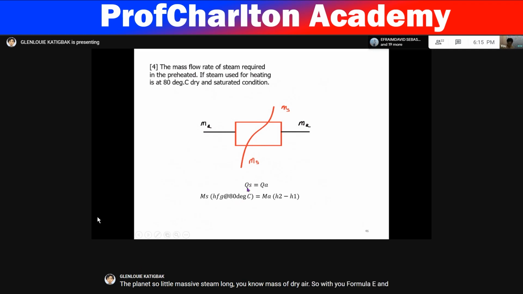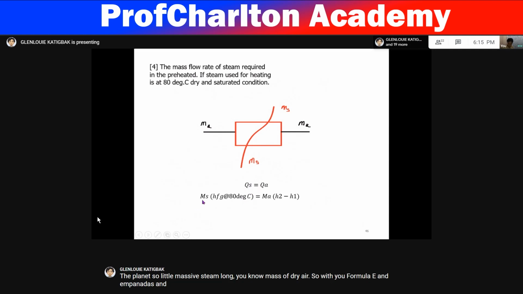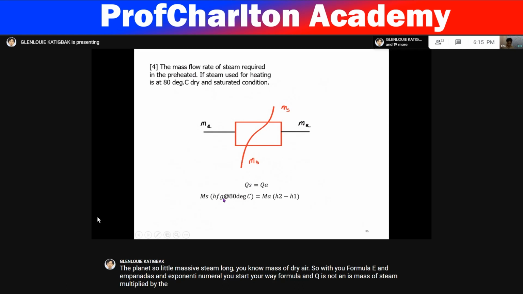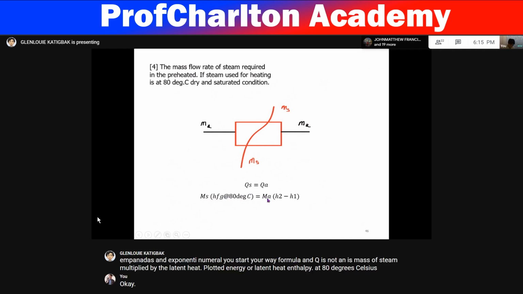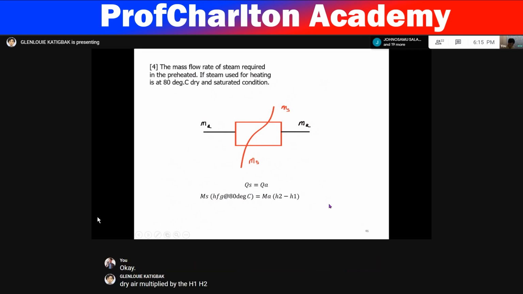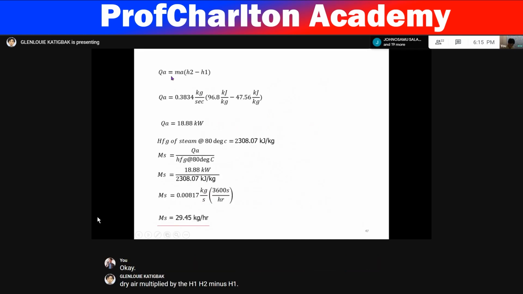Expound pa natin yung QS tsaka QA. Formula ng QS natin is mass of steam multiplied by the latent heat, latent enthalpy at 80 degrees Celsius. Tapos, QA, mass of dry air multiplied by the H2 minus H1. So, ito yun. Kuhain muna natin yung QA.